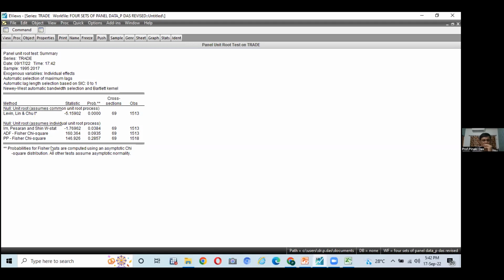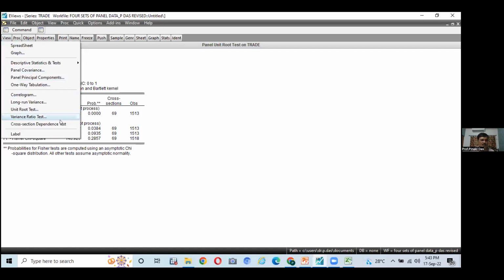It is also significant. But the Augmented Dickey-Fuller Fisher and the Phillips-Perron Fisher tests are not statistically significant. Therefore, it is a 50-50 rule. We want a majority decision, but here it is 50-50, meaning two results are statistically significant and two are statistically insignificant. We are in a dilemma.